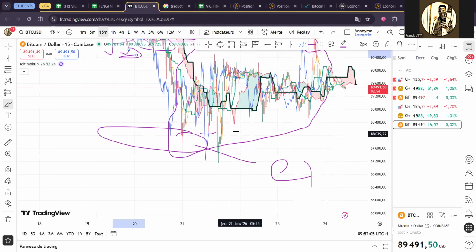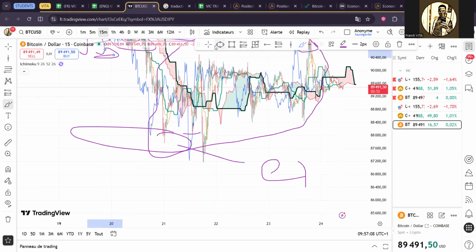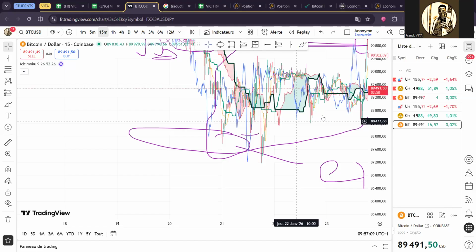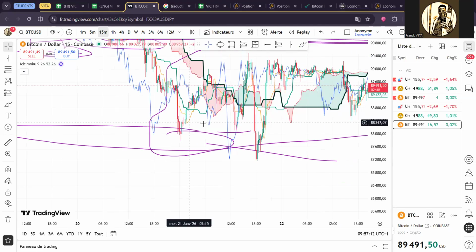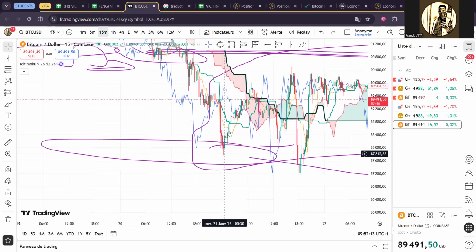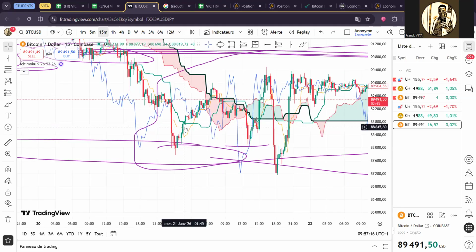On the entry on 4 hour, right? What you will do is, on this empty space, you go on 15 minutes. As soon as the Tenkan bends to the upside like this will be the candle where you enter.